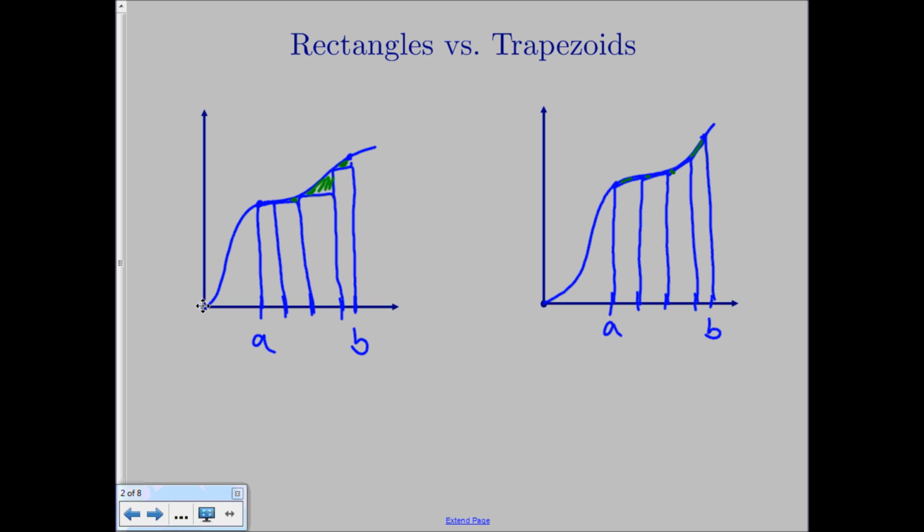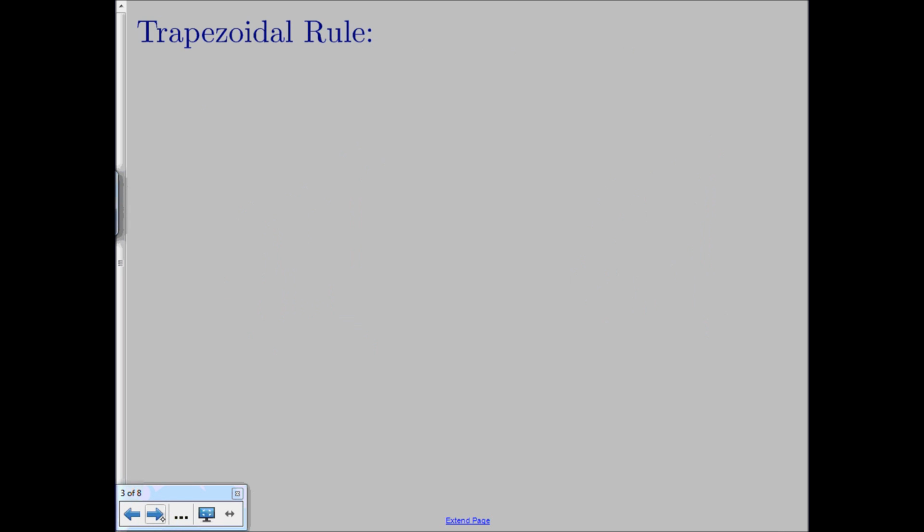The reason we're going to use something called the trapezoidal rule is because if we approximate it with trapezoids, we're going to get a lot closer. Now we're going to go over the definition for the trapezoidal rule. We're going to sum up the area of different amounts of trapezoids.